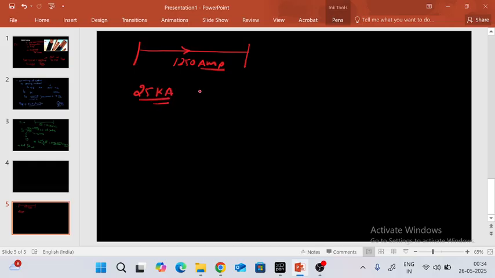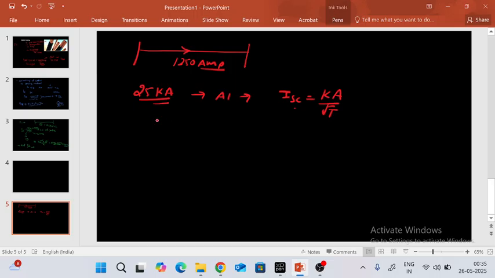If I define the aluminium cable, then ISC equals K·A by root T. ISC is short circuit current, K is the constant for aluminium, the copper one is different, A equals the SQM of the cable, and root T is based on the time for which the short circuit current can be withstood.